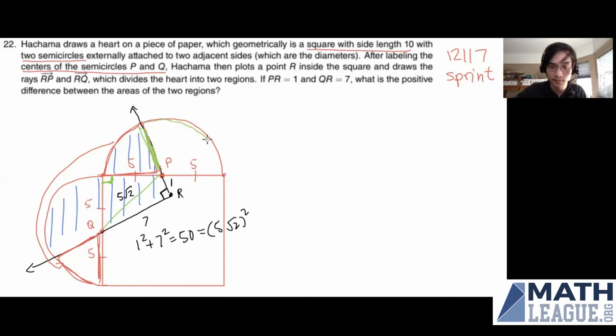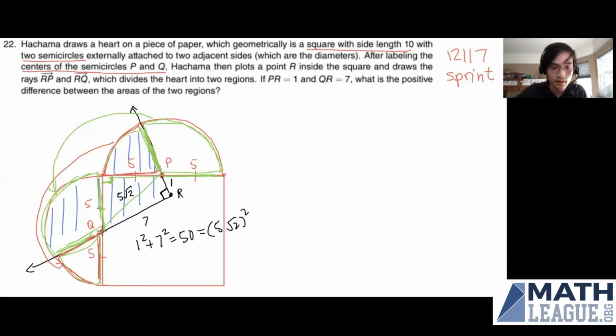If we rotate this region 90 degrees about the square, we can see that it lands here. So these two regions are equal. But hey, this means that the area of these two regions is equal to the area of these two regions, like here. So actually, all we need to worry about now is the areas in the square.